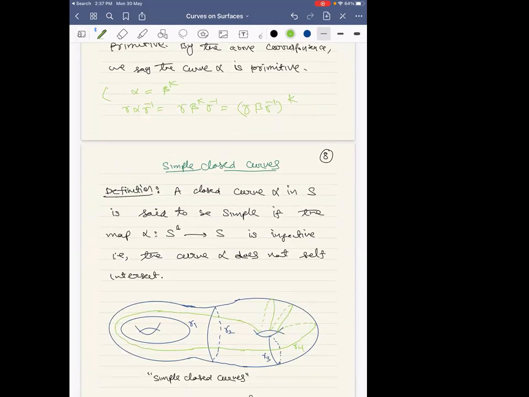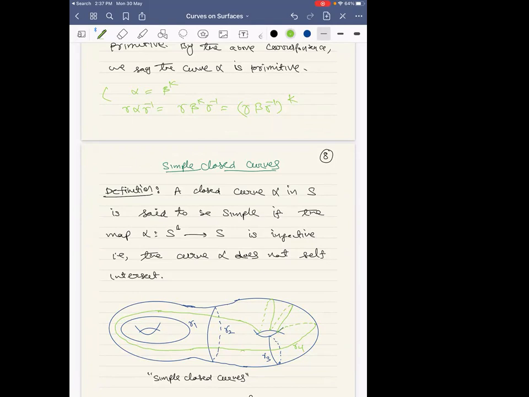Now we will come to the most important curves on surfaces, known as simple closed curves. Here is the definition. A closed curve alpha in your surface S is said to be simple if the map alpha from S1 to S is injective.